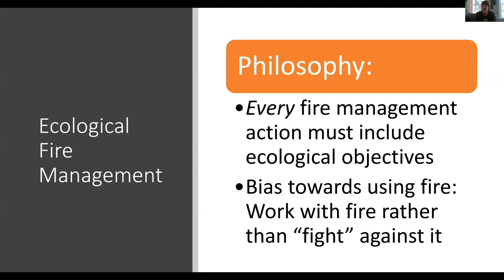That even includes suppression. There will be times and places where we will have to aggressively stop the spread of fire to avoid an ecological disaster of an incinerated community or other high values. And the real orientation will be using fire, working with fire rather than fighting against it.